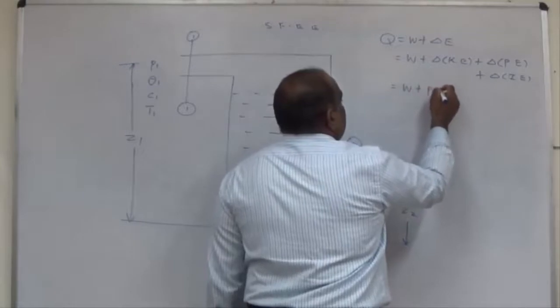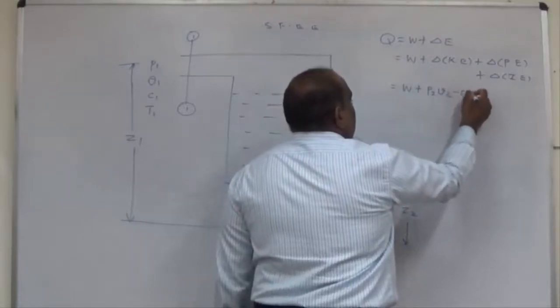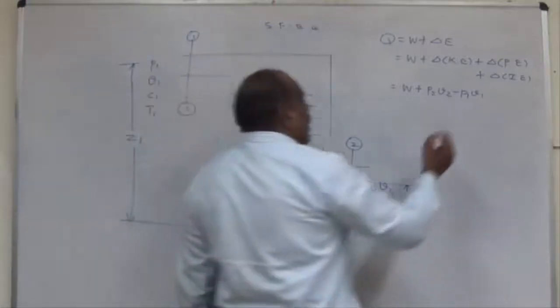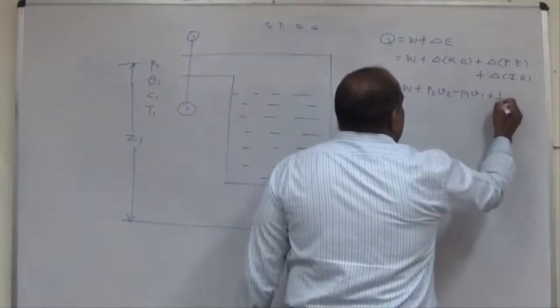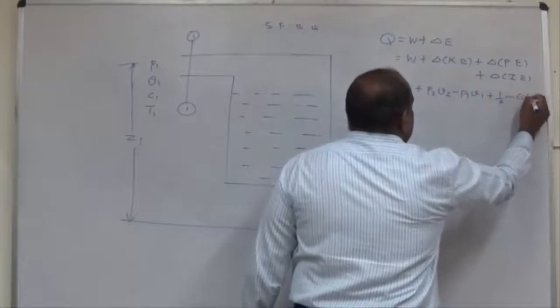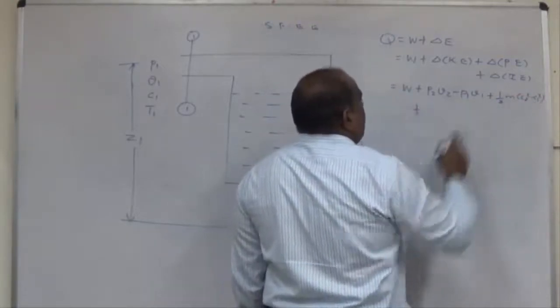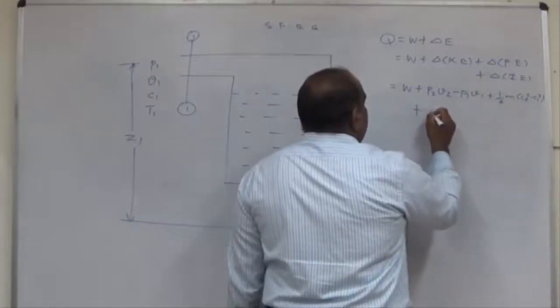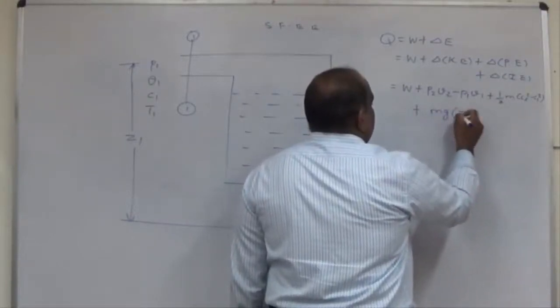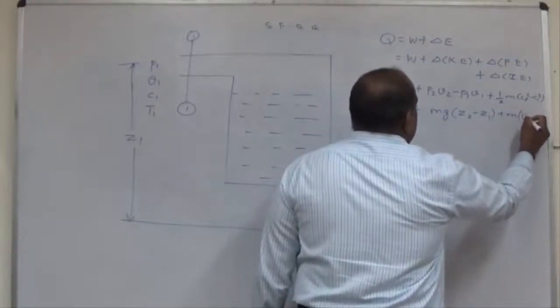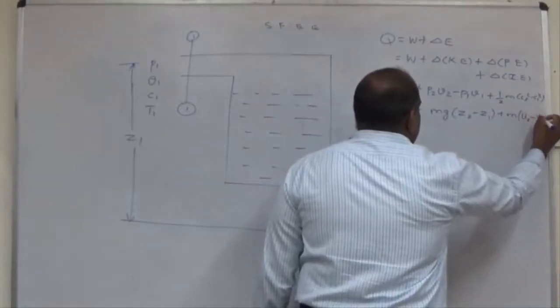The flow work is given by P2 V2 minus P1 V1. The kinetic energy is given by half m into C2 squared minus C1 squared. The potential energy is given by m g into Z2 minus Z1. And internal energy is given by m into U2 minus U1.